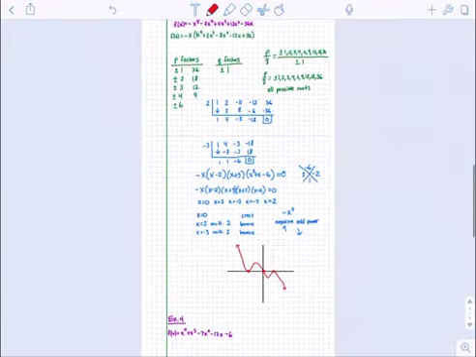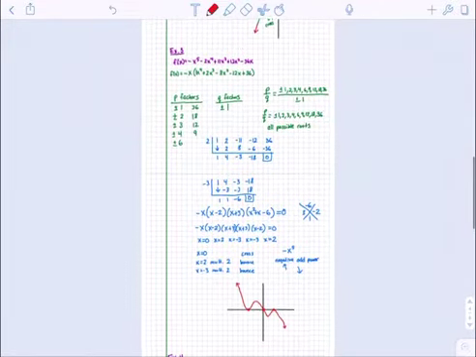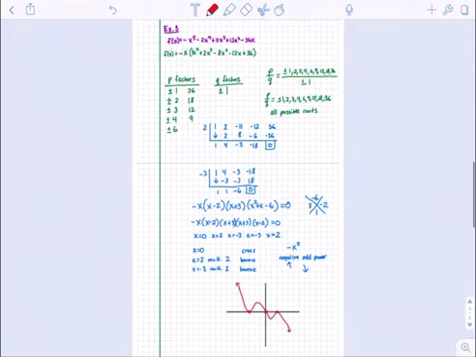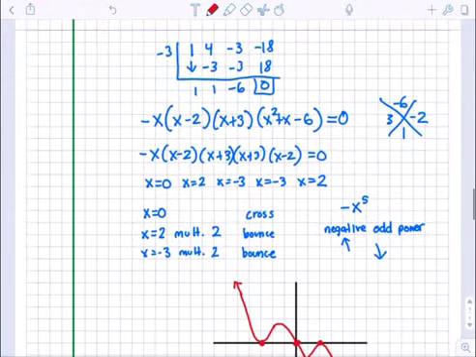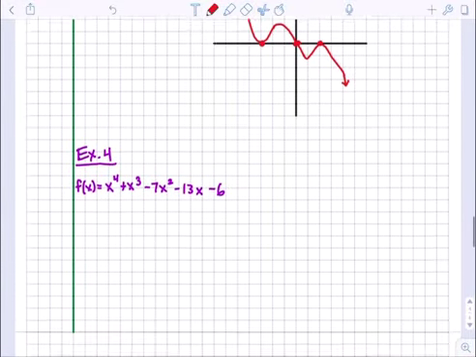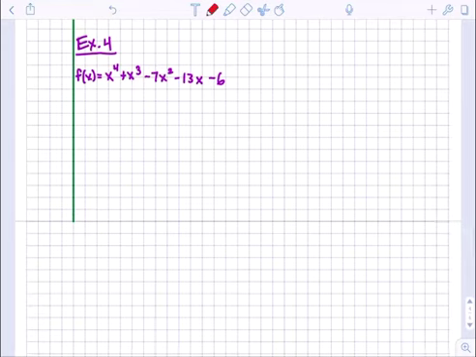So that one is a very huge process, as you guys can see, right? You're going to have to factor out that polynomial, find all of your roots, and then graph the polynomial. So there's that example. Now we'll take a look at example 4.